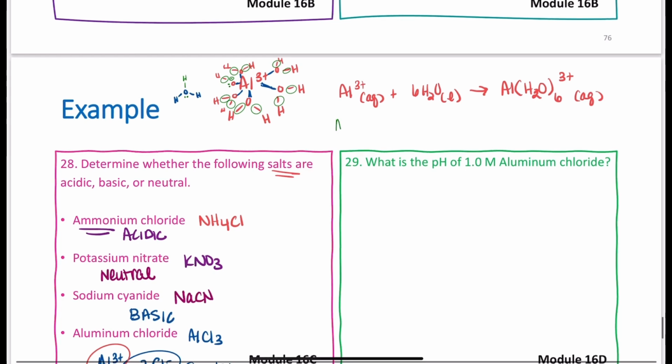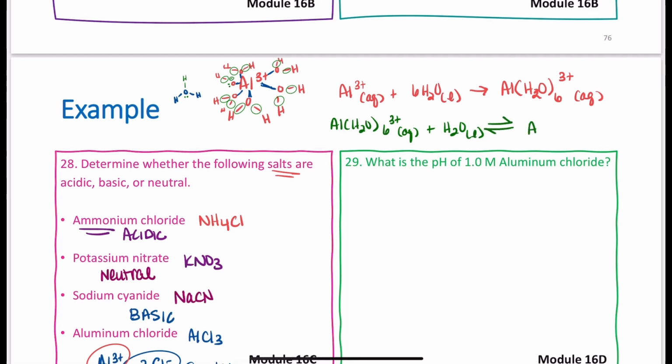So what happens in the reaction is that the aluminum (H2O)6 3 plus aqueous reacted with a different water molecule and lost a proton.